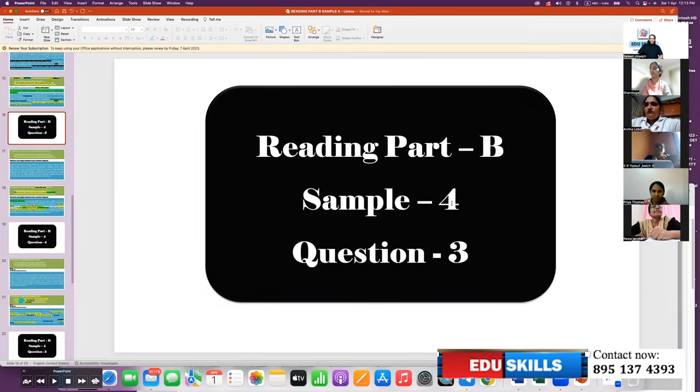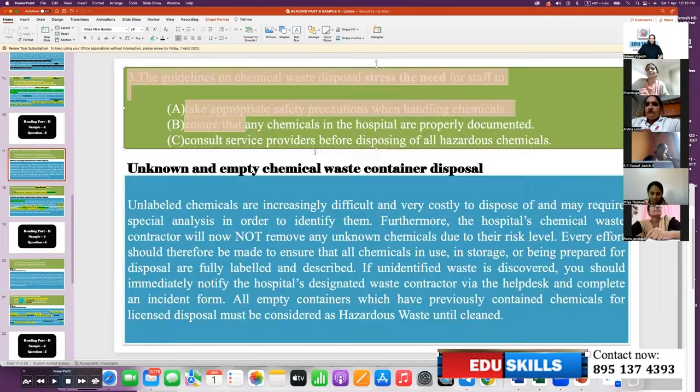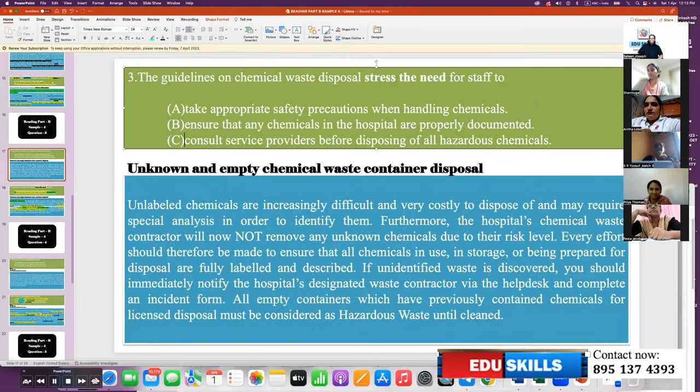Reading Part B, sample for question number 3. Listen. The guidelines on chemical waste disposal stress the need for staff to take appropriate safety precautions when handling chemicals, ensure that any chemicals in the hospital are properly documented, consult service providers before disposing of all hazardous chemicals. It is guidelines, right? About what?